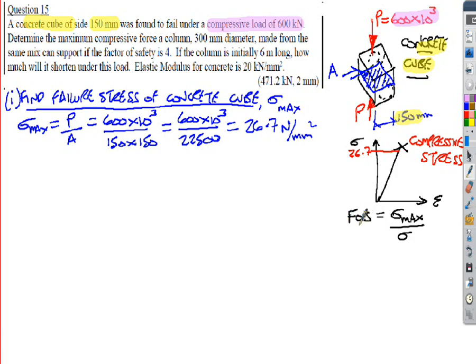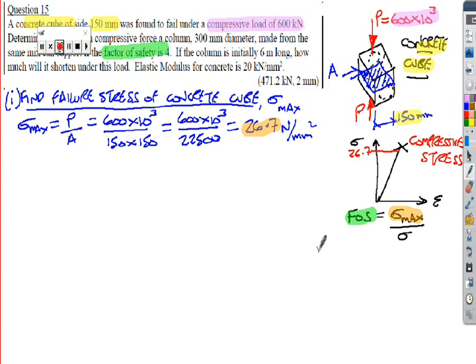That FOS is actually 4 if you read the question. So we know this value is going to be 4. We just worked out the maximum allowable stress, which is the 26.7, so by rearranging the equation I can find what's called the working stress for the component.